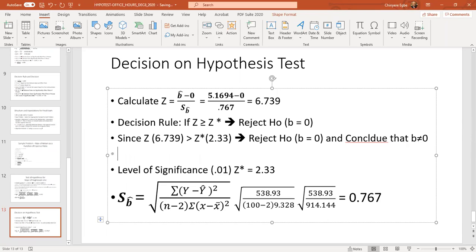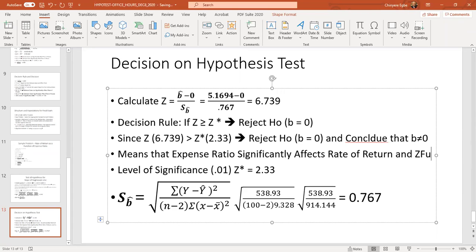What does that mean? It means that expense ratio significantly affects rate of return.